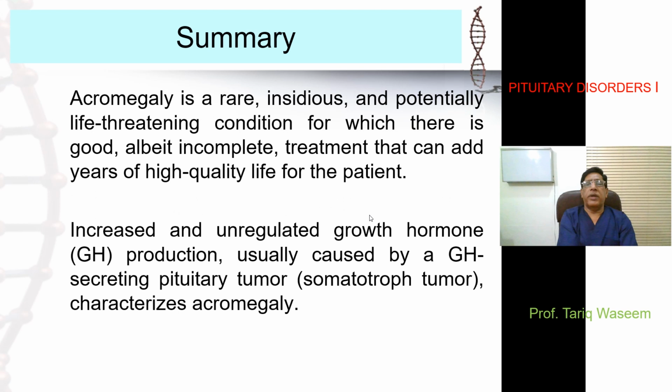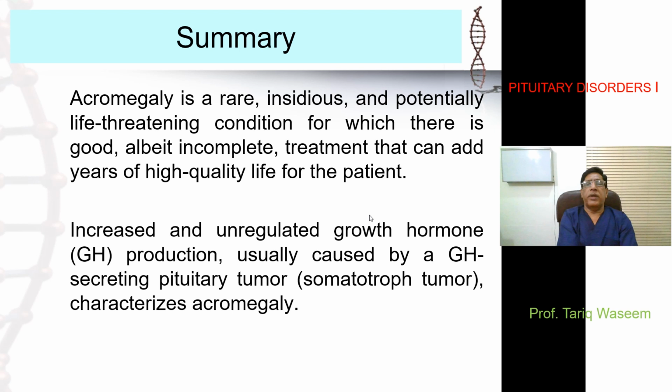So in summary, acromegaly is a rare, insidious and potentially life-threatening condition. It is life-threatening when the tumor gets a bleed into it, and the patient may develop an acute pituitary apoplexy.